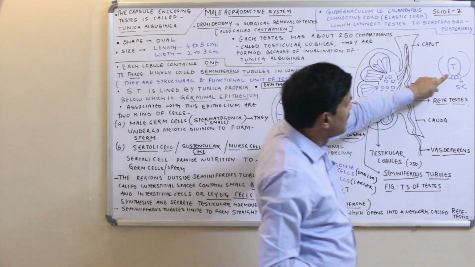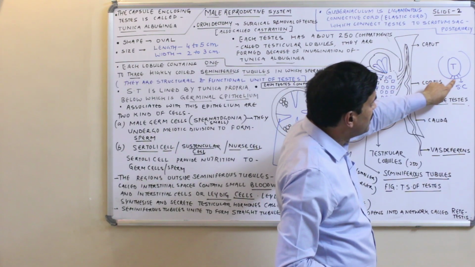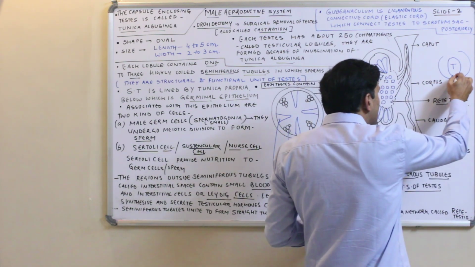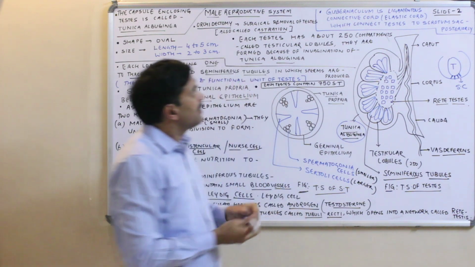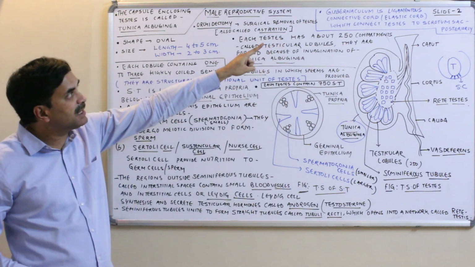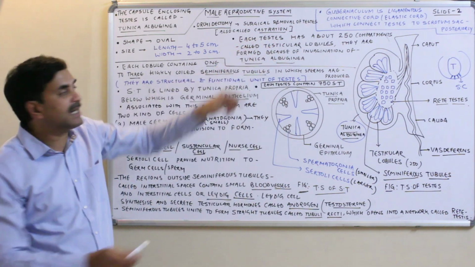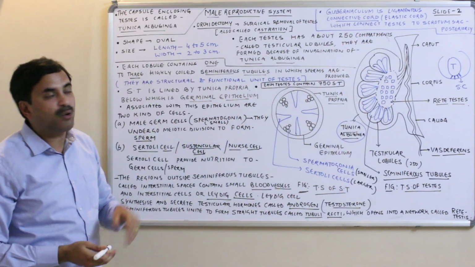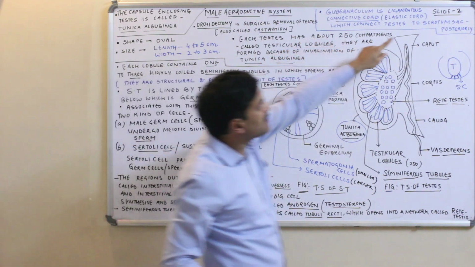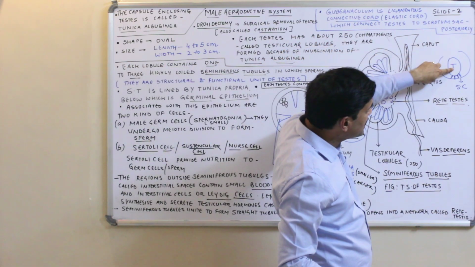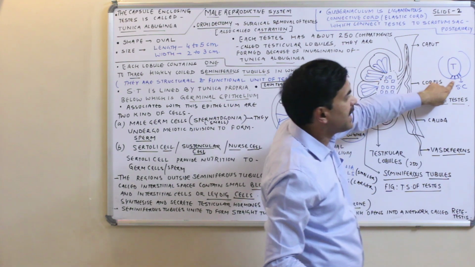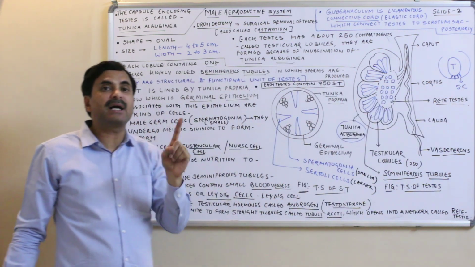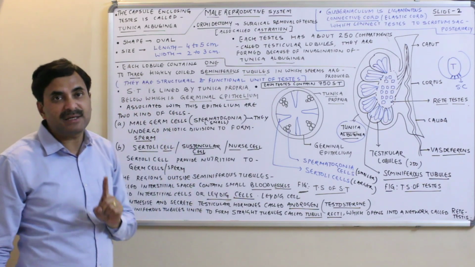Because the testes are attached to the scrotal sac with the help of certain ligaments, called the gubernaculum. The gubernaculum is a ligamentous connective cord, or elastic cord, which connects the testes to the scrotal sac posteriorly, so that the testes never go back again into the abdominal cavity.